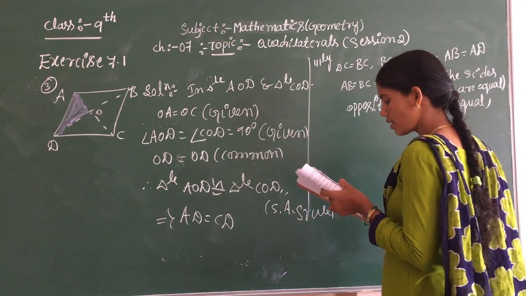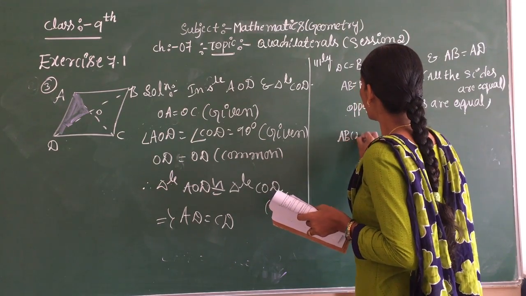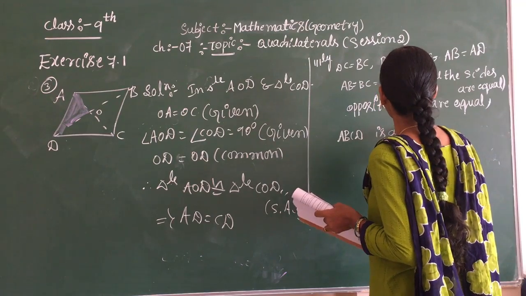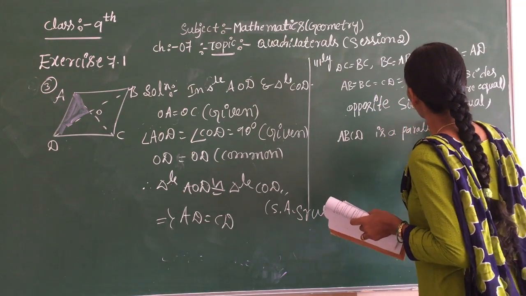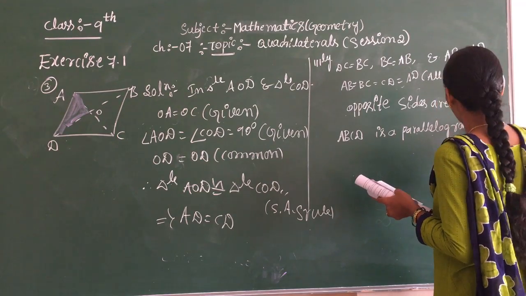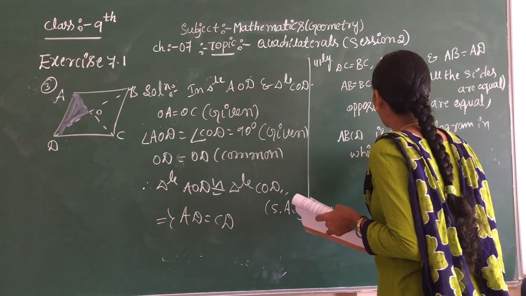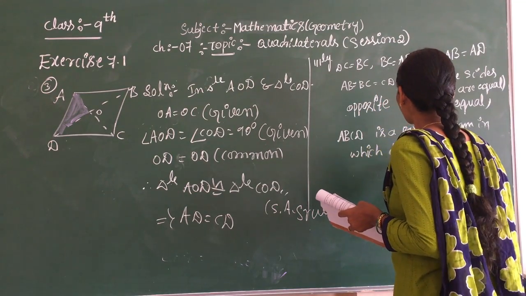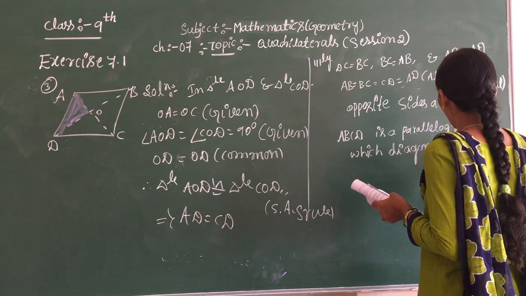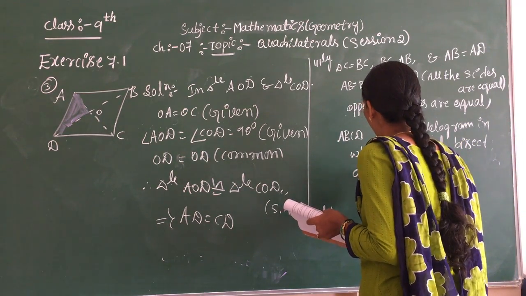Now next, ABCD is a parallelogram in which the diagonals bisect at right angles.